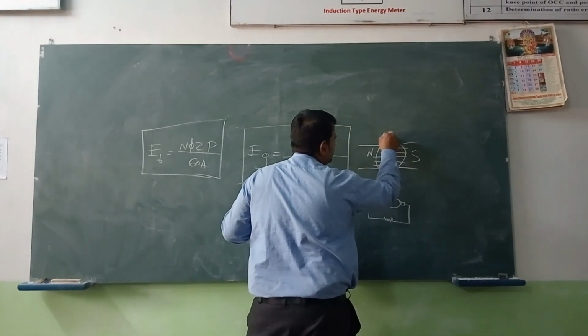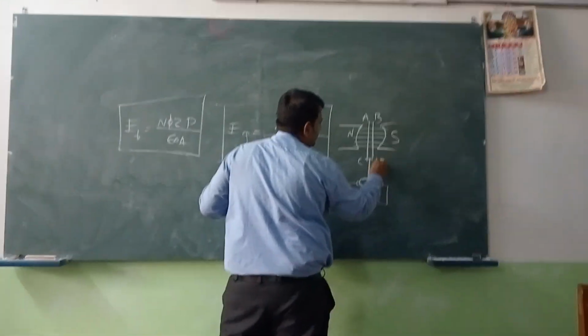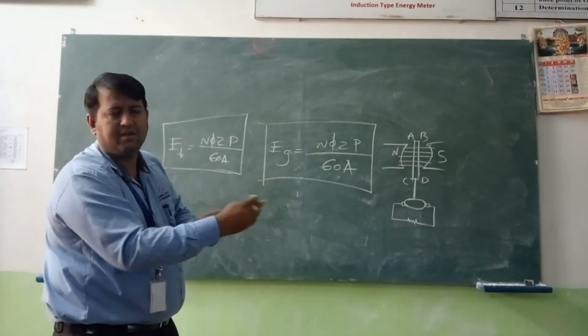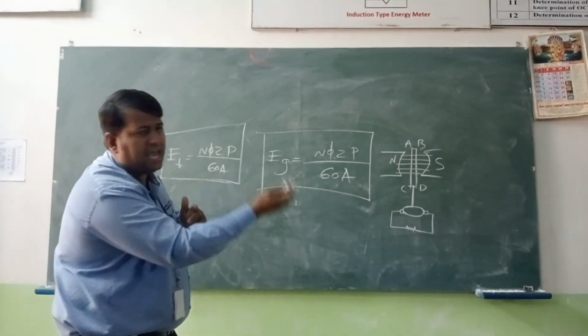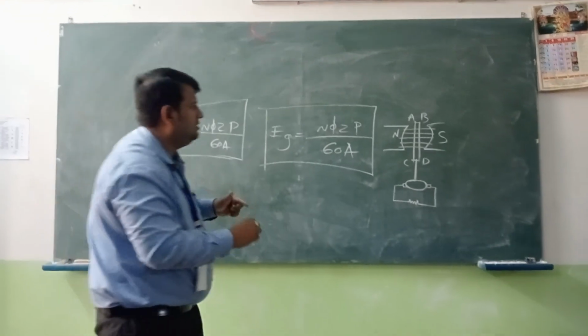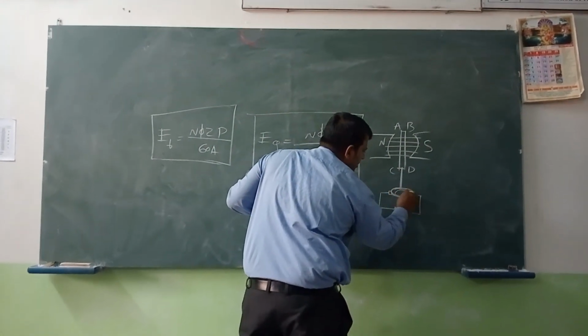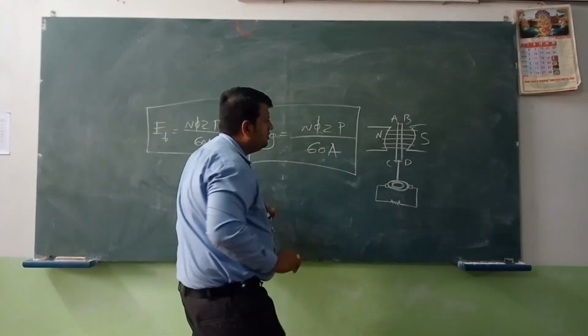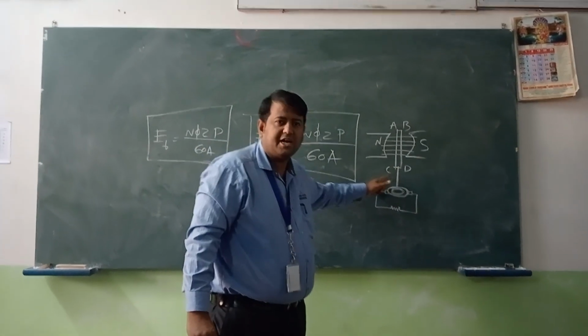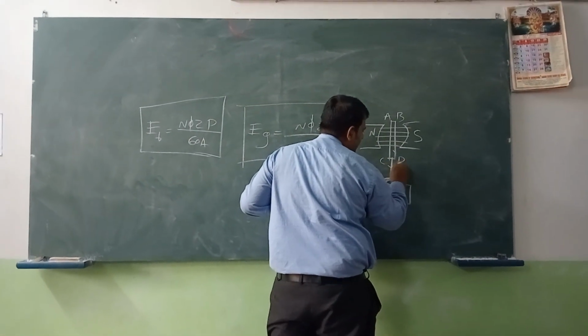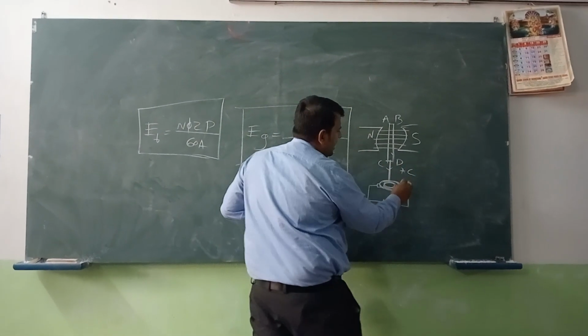Suppose this is A, B, C, D, and it will rotate as B, D, A, B, again rotating as a rotating device. Here is the commutator. Here the generated EMF is in AC form.